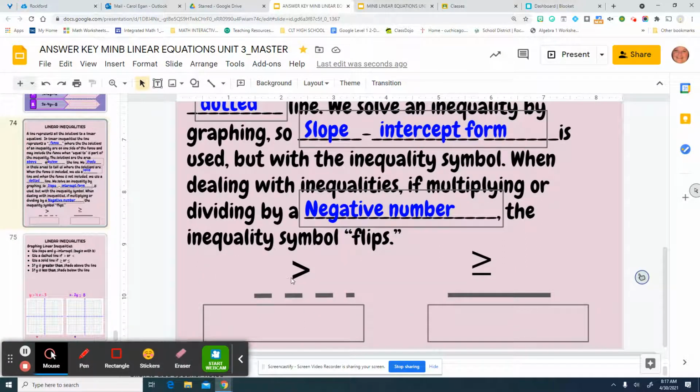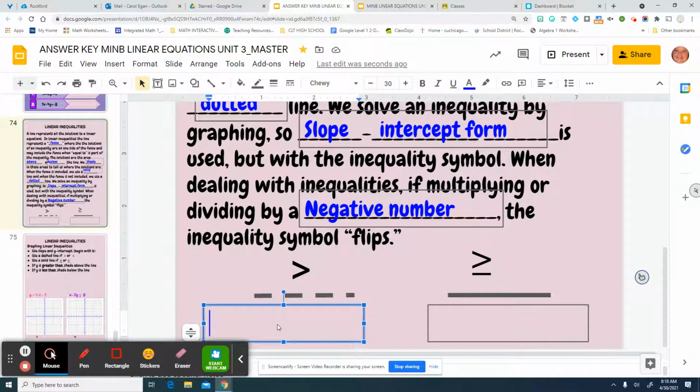Typically, this is going to represent greater than or less than, with the mouth opening to the bigger part.